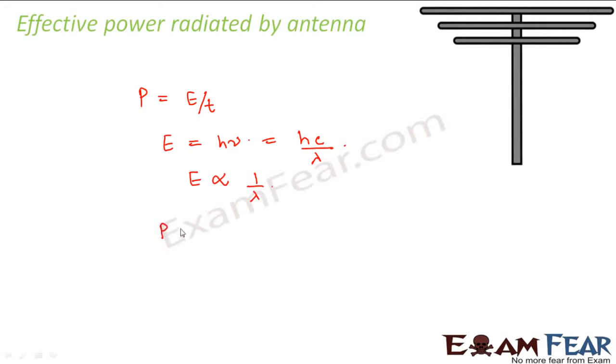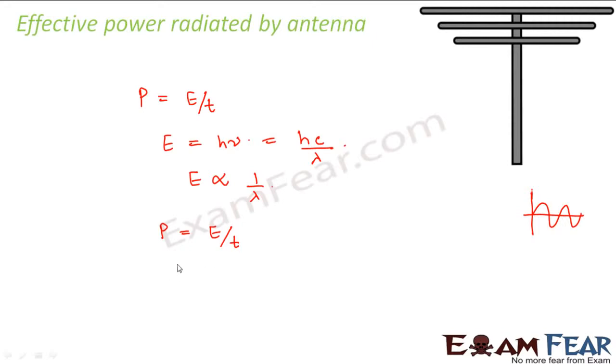We also see that power is equal to energy per unit time. And what is this per unit time? How is time related to wavelength? If you think of a wave like this, you would know how time is related to wavelength. As time increases, your wavelength will also increase.